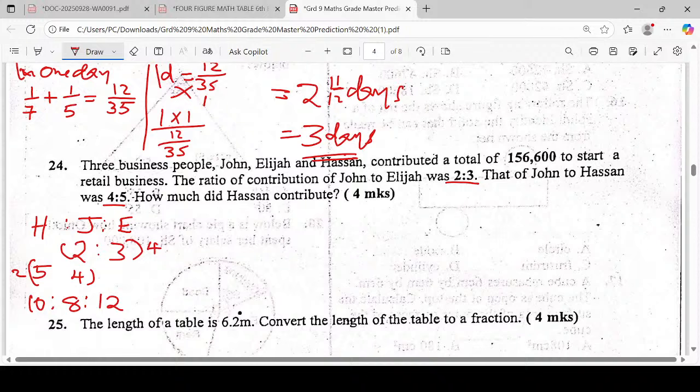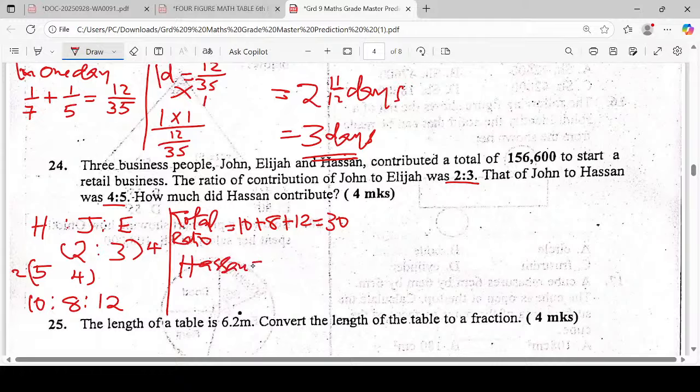So they are asking, how much did Hassan contribute? First of all, we get the total ratio. Total ratio here will be 10 plus 8, that is 18, plus 12, that is going to be 30. So to get what Hassan contributed, Hassan is 10 over the total ratio 30 times 156,600.